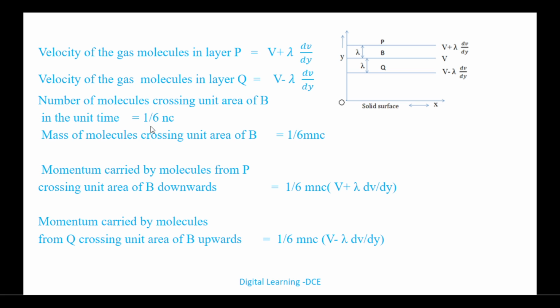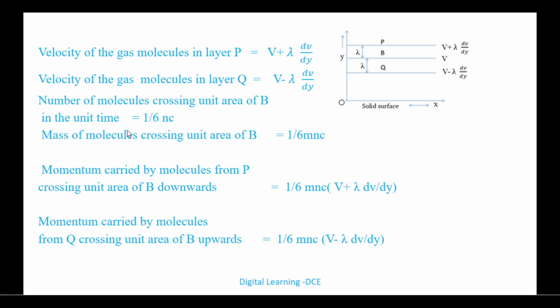The 1 by 6 term represents the average fraction of molecules moving in any one particular direction. If we consider a cube, it has 6 faces, so on average 1 by 6 of the molecules will move in any one direction, that is up or down, left or right, or front or back.